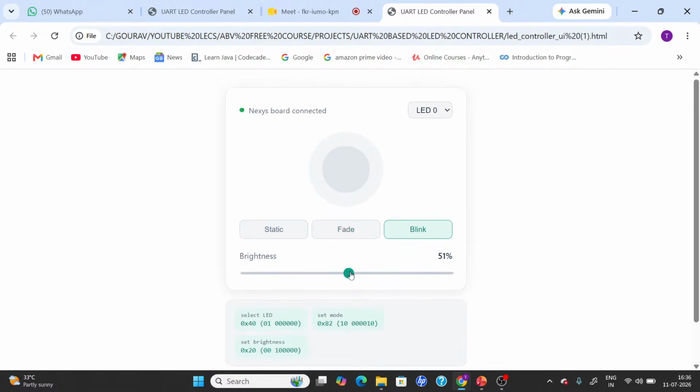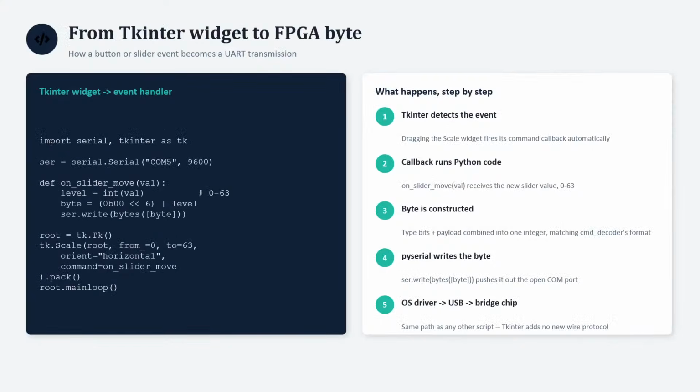And here we can increase or decrease the brightness of the LED. Whatever the user does with this UI will be converted into the script, and this script is going to convert it into byte information. Basically, this software detects whatever events happen at the UI level, and it calls back the Python code.